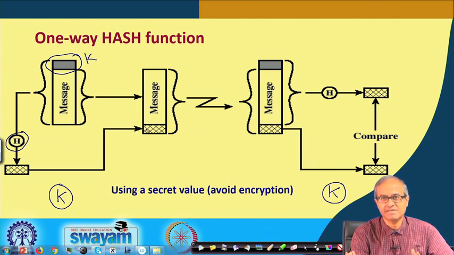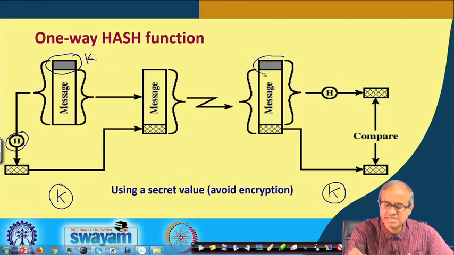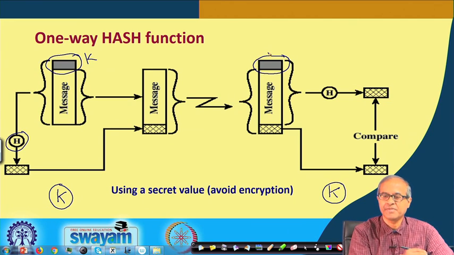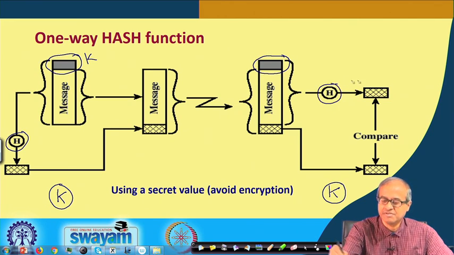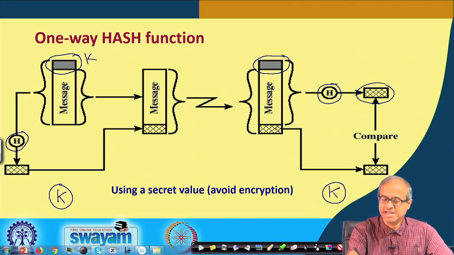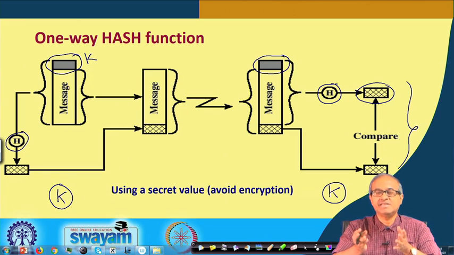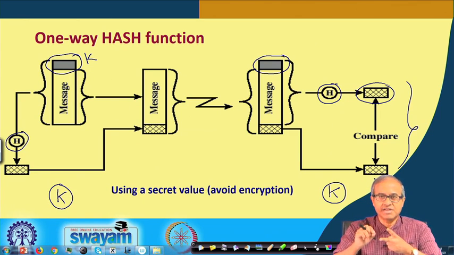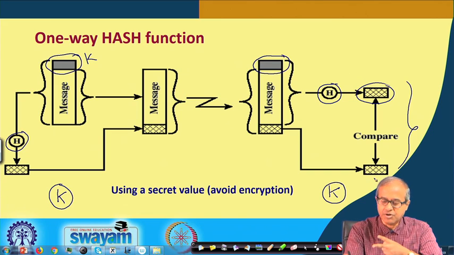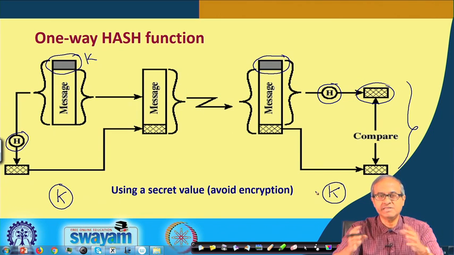At the other side something similar happens, the message is received, but the same value k is also present with the receiver. The receiver again appends that value k with the message and applies the hash function and gets a hash value. Then it compares. See, here also we are achieving both the things, but without carrying out any encryption, because the key value is shared by the two parties, both the sender and receiver know it.